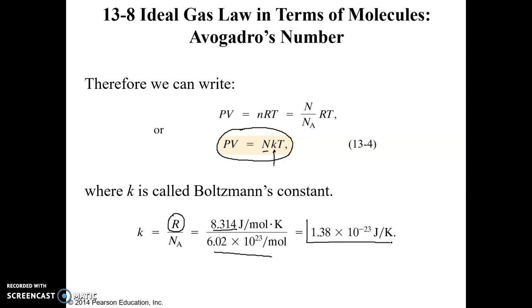So this is Boltzmann's constant, 1.38 times 10 to the negative 23rd joules per Kelvin. So we can plug that in here and use N, the total number of molecules or atoms, rather than the little n, which would normally represent the number of moles. So slight variation, basically the same equation.